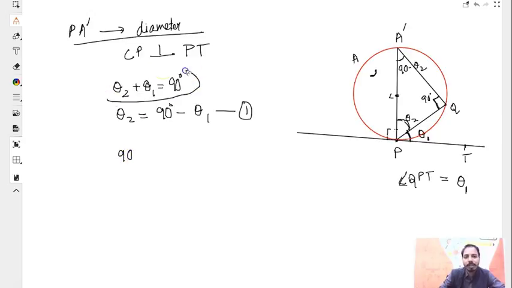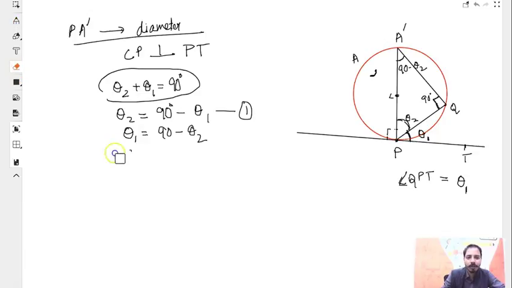From here also we can say one more relationship, that theta 1 is 90 minus theta 2, right? So I can write it as theta 1, yes or no? That means this angle and this angle are equal.